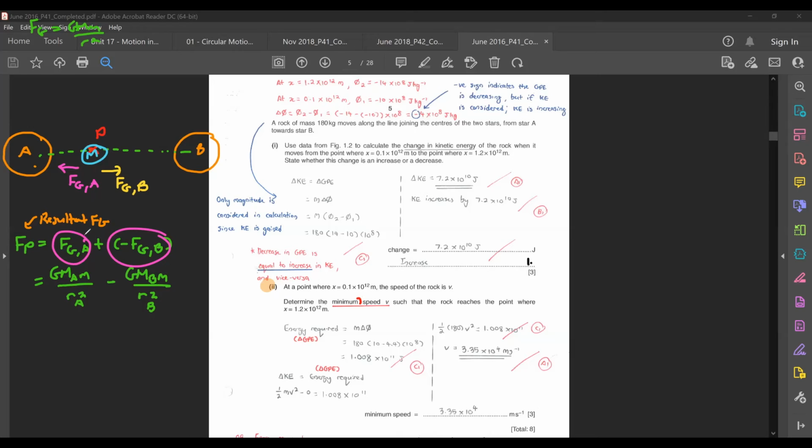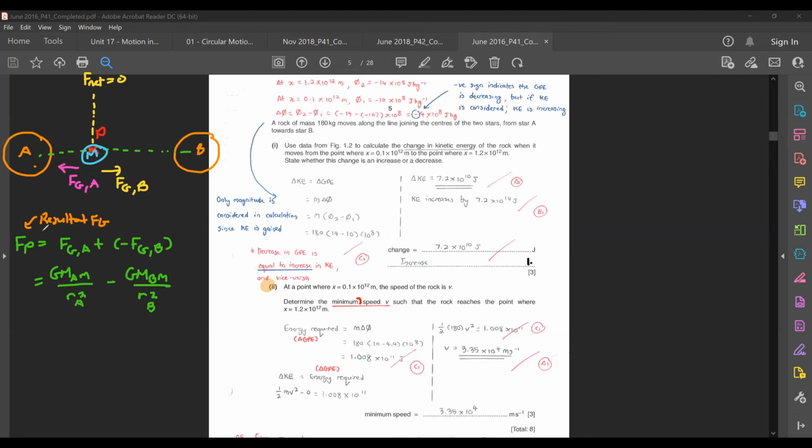Because when your x changes, Fga will change and Fgb will change, but they are one minus the other. So there will come a point when you move along this line where Fga equals Fgb, such that they completely cancel off. In that case, you will have Fp being 0. Let's just say, for the sake of our discussion, that right over here is where your Fp, or your Fnet, is 0.